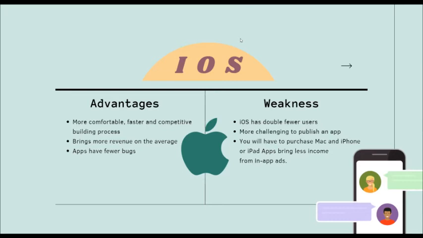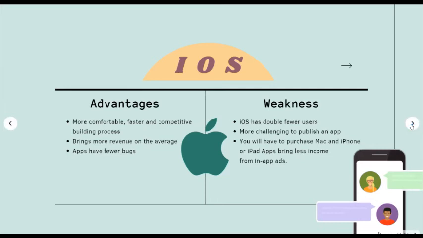So it brings more revenue to the people. So apps have fewer bugs since apps are really strict to be published, and apps should have monthly updates, so it will pose no threat in the future update of the iOS.